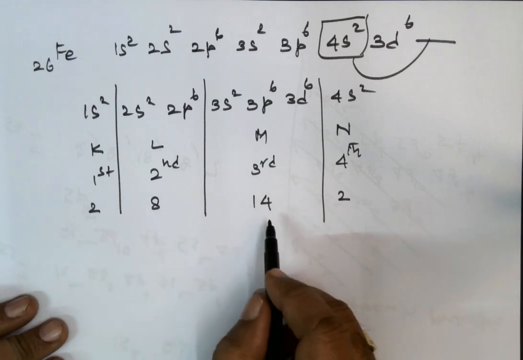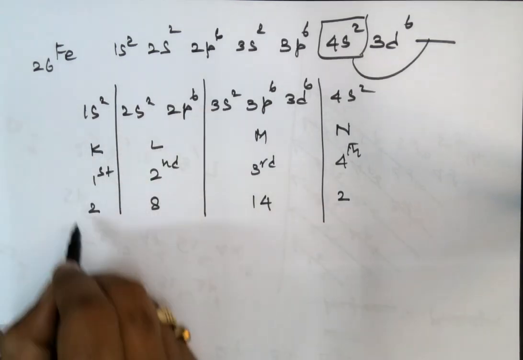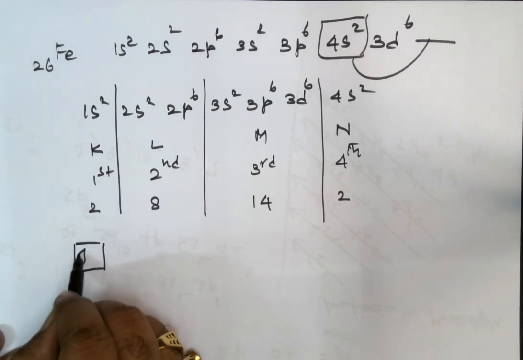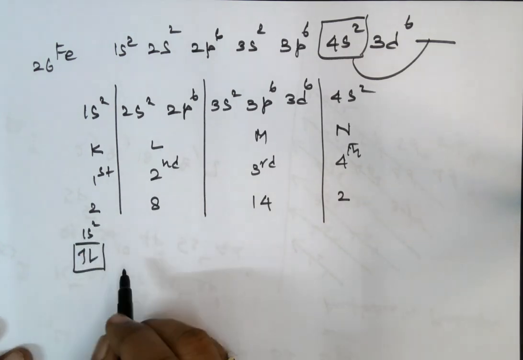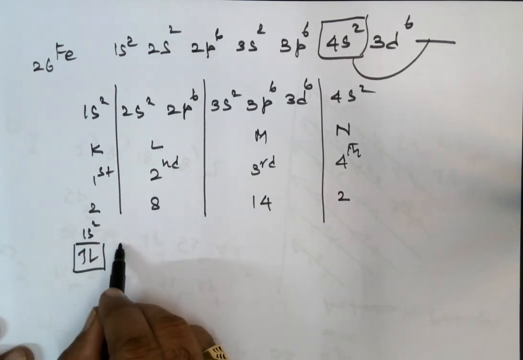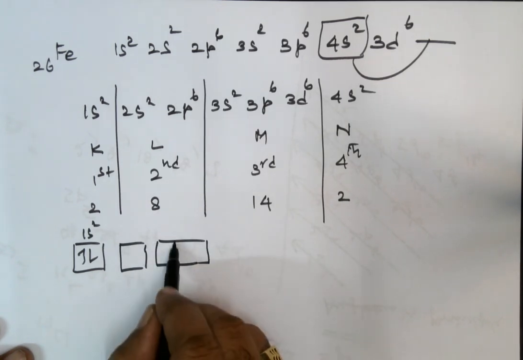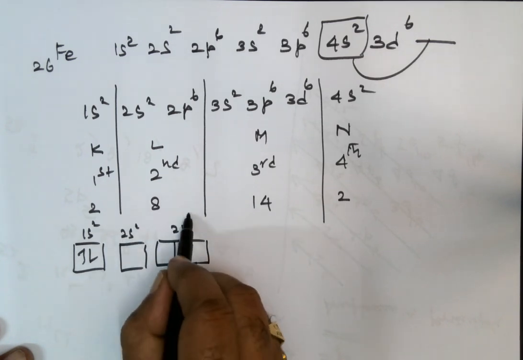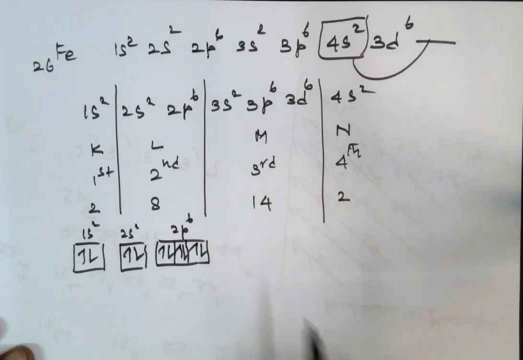So when you write the electronic configuration by box model, you can write like this. For example, 1s2, you can put one box with parallel spin and anti-parallel spin. This is 1s2. And 2s2 and 2p6, is it not? So 2s2, 2p6. You can write 1, 2, 1, 2, 3, 4, 5, 6.